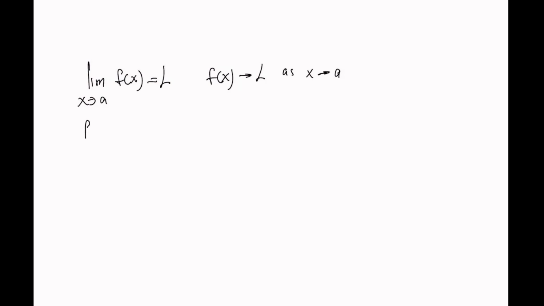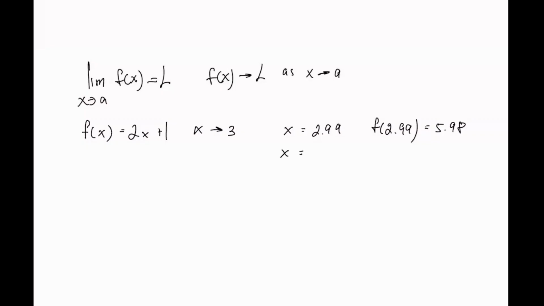Consider a function f of x equals 2x plus 1. What happens as x approaches 3? So when x equals 2.99, f of 2.99 is going to be equal to 5.98.